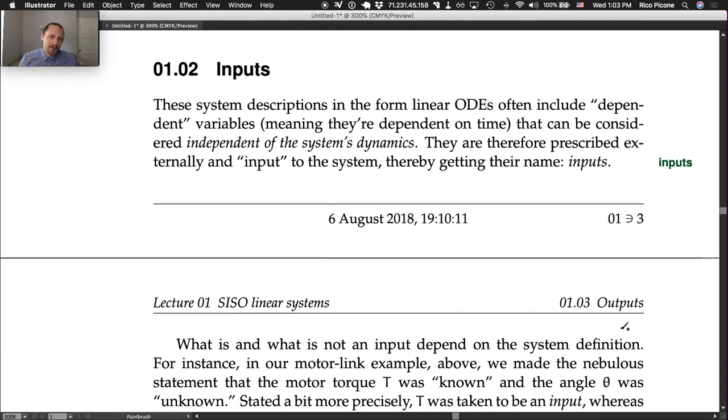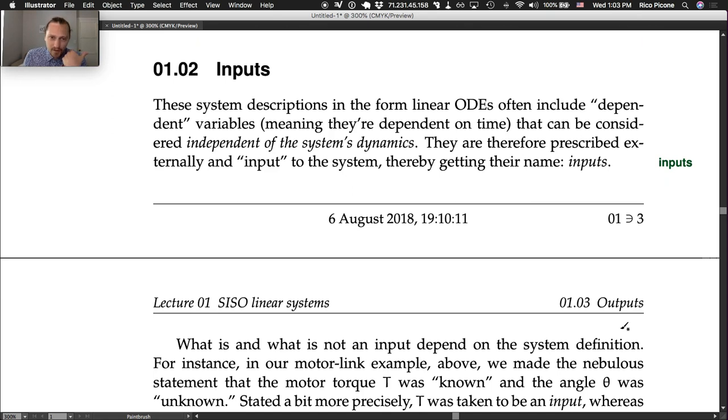So, 1.2, inputs. These system descriptions in the form of linear ODEs often include dependent variables, meaning they're dependent on time. The terminology is a little bit weird here, so we'll try to go slowly. So, the dependent variables that depend on time. We've encountered those a lot in your differential equations class.